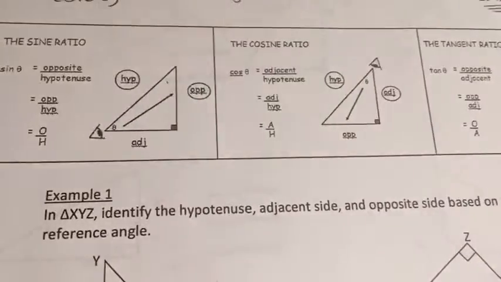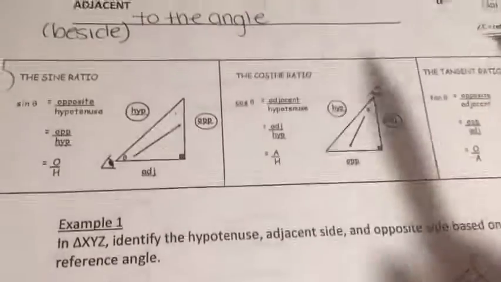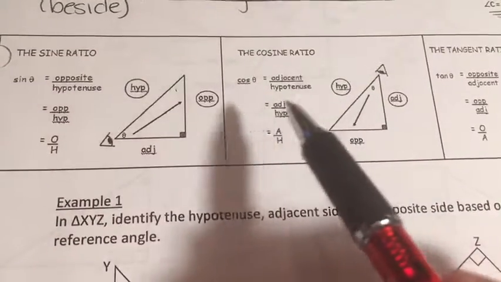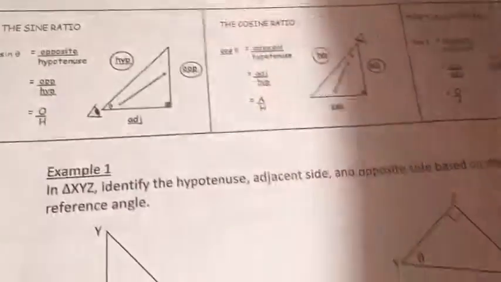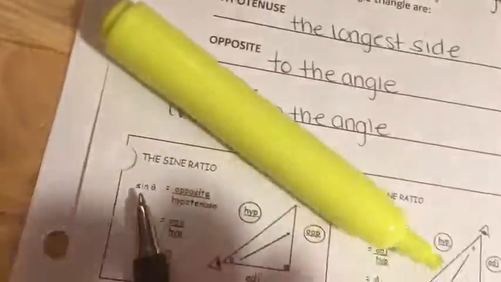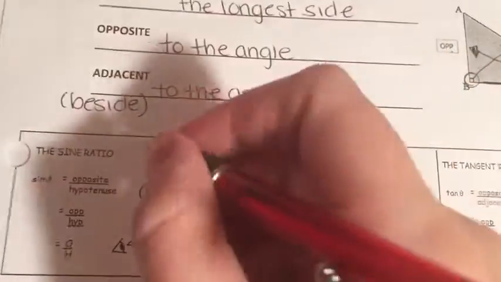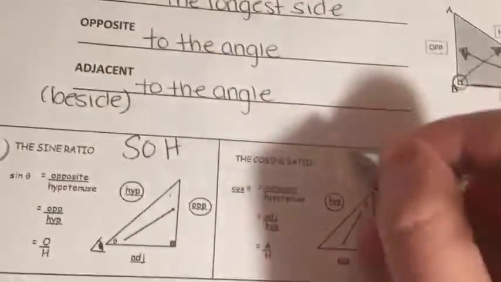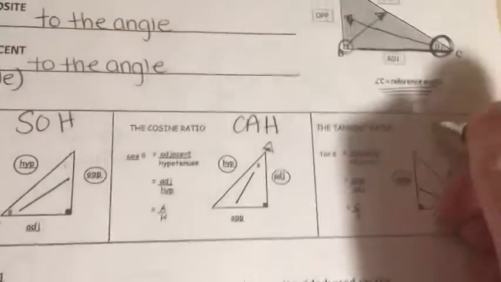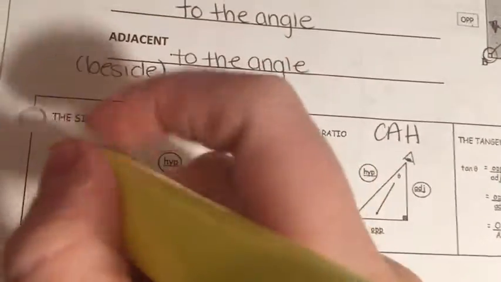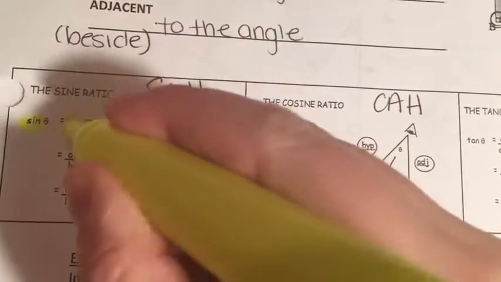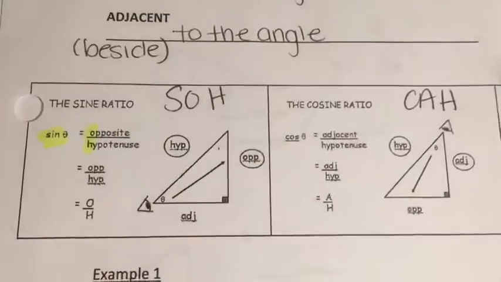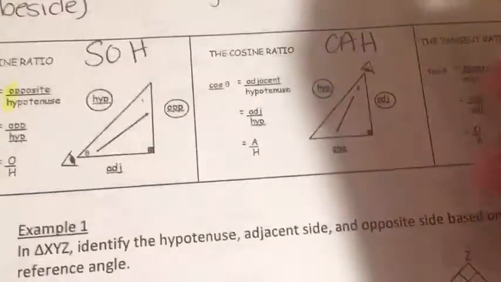Then we have our three ratios, okay, so this is where SOHCAHTOA comes into play, because SOHCAHTOA will help you remember your formulas. The S stands for sin or sine, the O stands for opposite, and the H stands for hypotenuse.